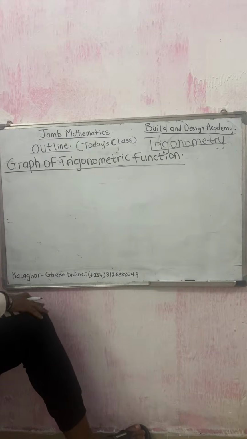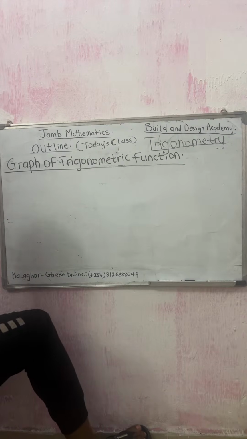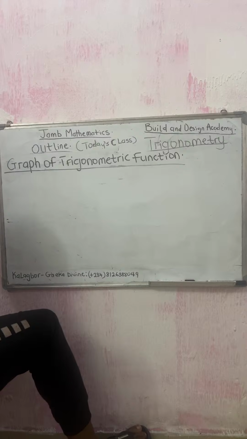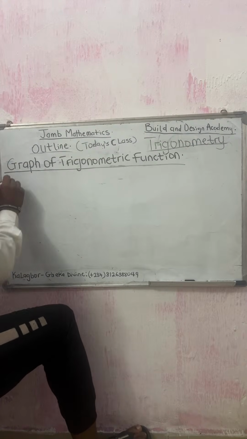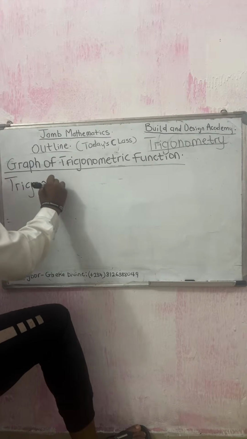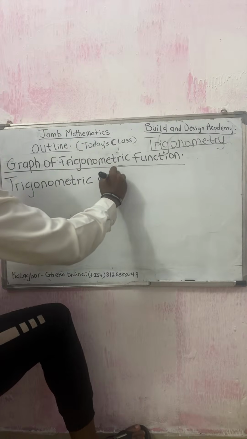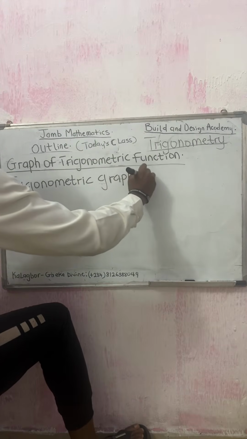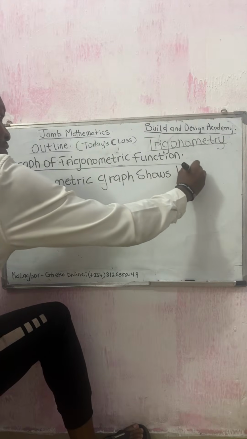Now, for the graph of trigonometric function, please take note. A trigonometric graph shows how sine, cos, and tan change with angles. So, the trigonometric graph shows how what?